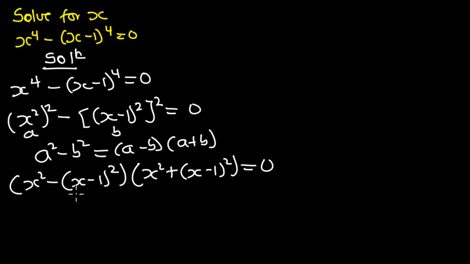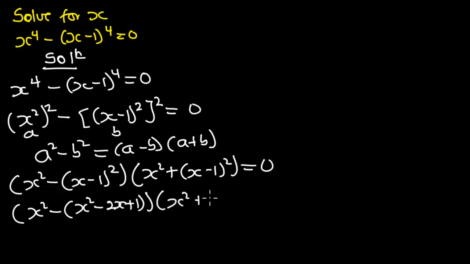Now from here we are going to expand the bracket within the bracket, and so we are going to have x squared minus, now when we expand this, we are going to have x squared minus 2x plus 1, multiplying x squared plus x squared minus 2x plus 1 is equal to 0.